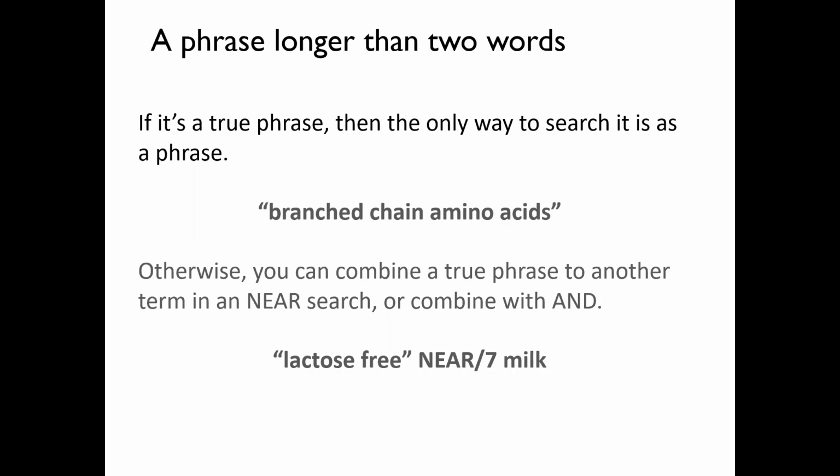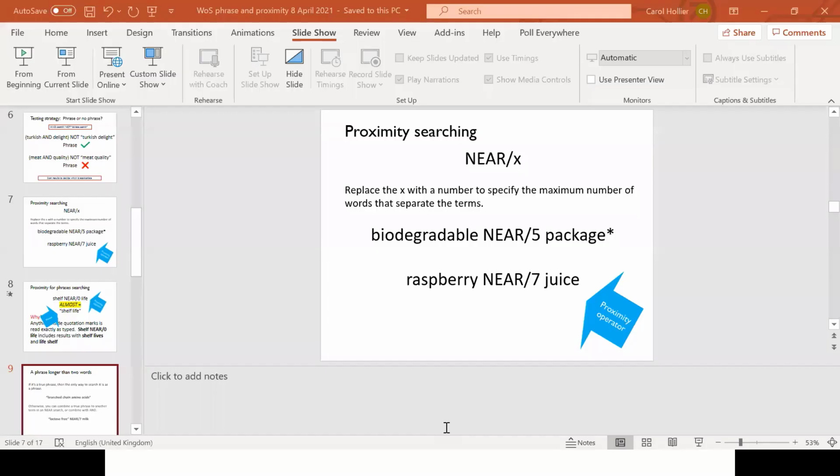But if it's partly a phrase, but partly could be separated, then you can use a combination of the quotation mark, so a phrase, and then the proximity operator. So we could look for lactose-free milk, but give some leeway between the lactose-free and the milk.